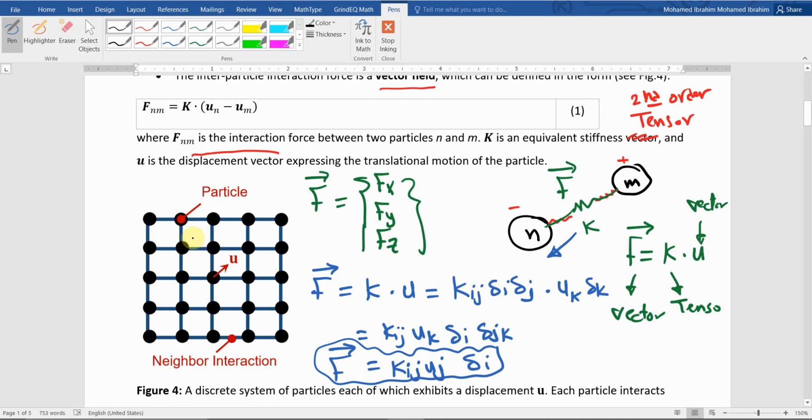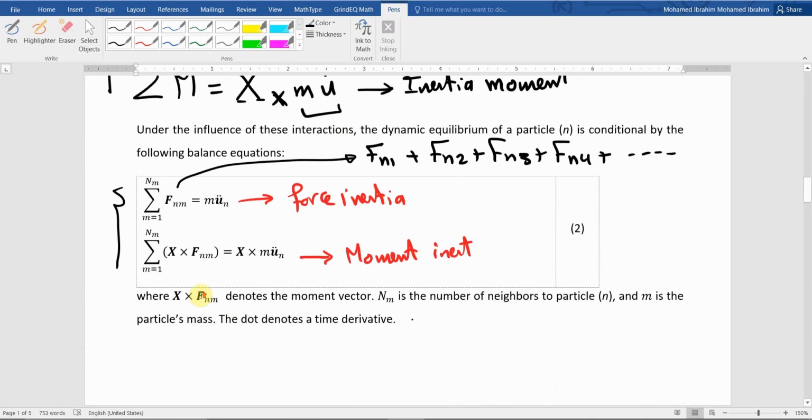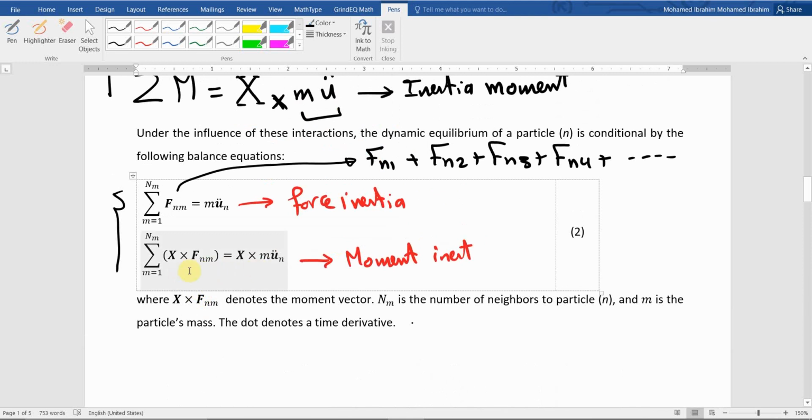But in addition, these forces will produce some moment effect. This moment effect would result in some rotations or moments for this system of particles, and that's why this system of particles may rigidly move or rotate because of these moments due to these force vectors. So that's why we have here the other 3 equations of the moment.